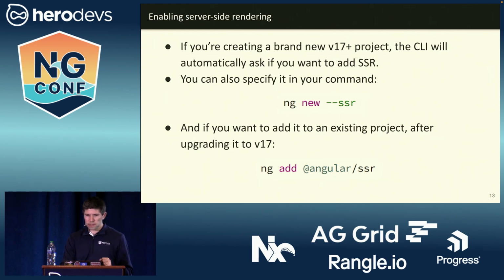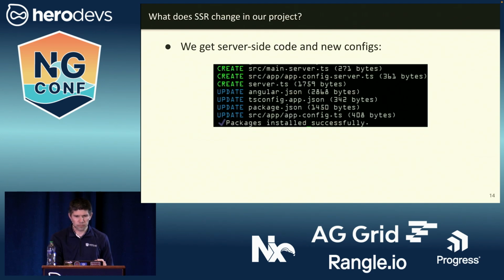So we're going to take a look at how this would work. And when you run that schematic, this is exactly what happens. So this is what Angular is going to change in your project structure to enable server-side rendering. A few new files get created, main.server.ts, server.ts, and the config for that server. So basically, the files that contain the code for your server-side application.